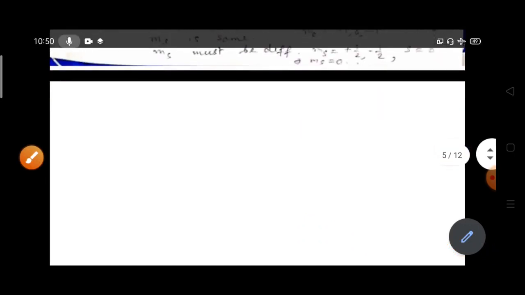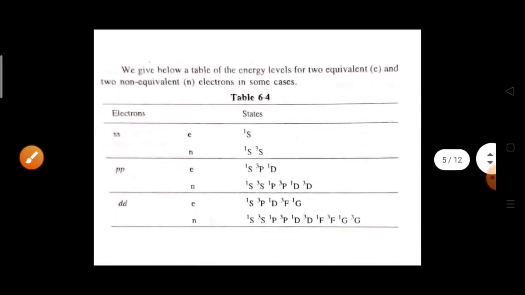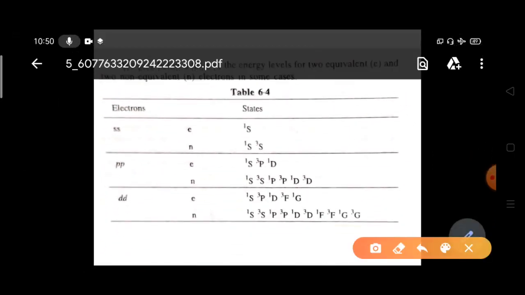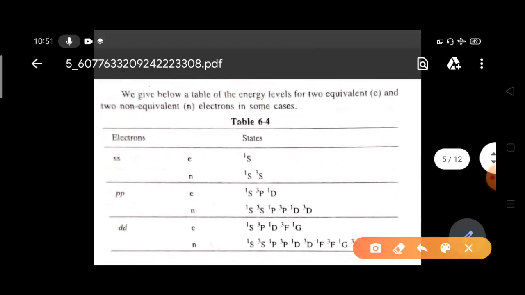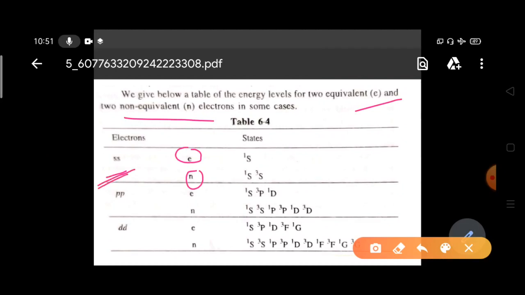Now look here, here is a table where the energy levels of two equivalent electrons and two non-equivalent electrons are given. So E is the equivalent electron terms and N is the non-equivalent electron terms. If both electrons are from the s shell and they are equivalent, then you get one 1S term. But if they are non-equivalent, you get two terms, 1S and 3S.